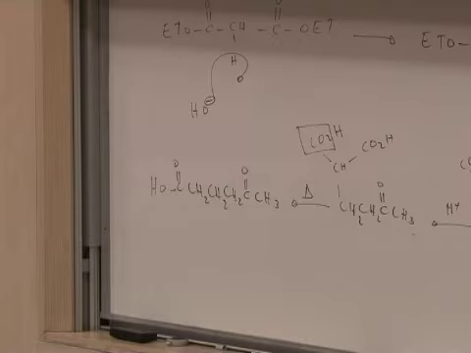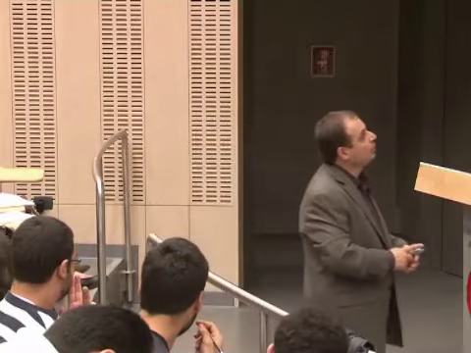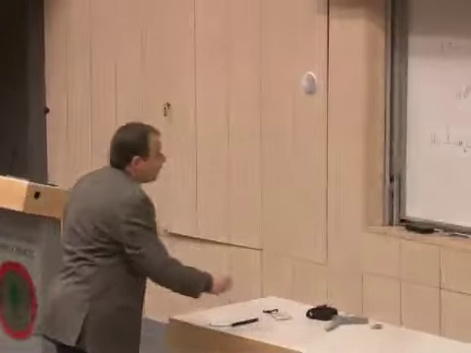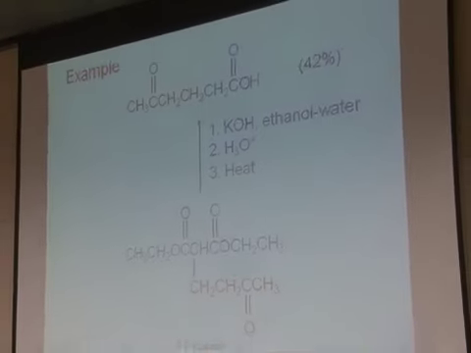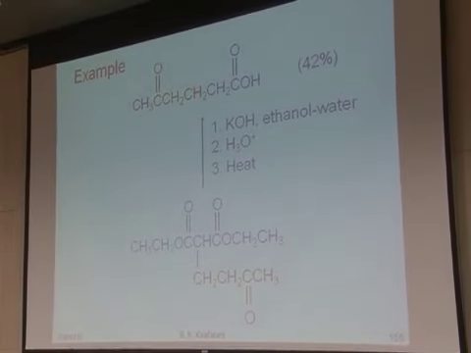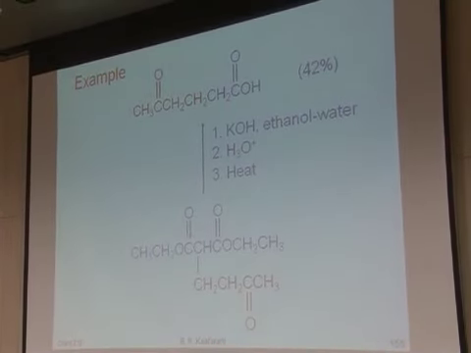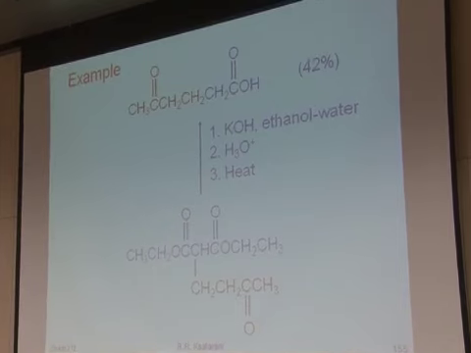Any questions? So if you take the Michael addition product and you subject it to saponification first, and then H3O plus, and then heat, you will be able to synthesize this product. Any question?